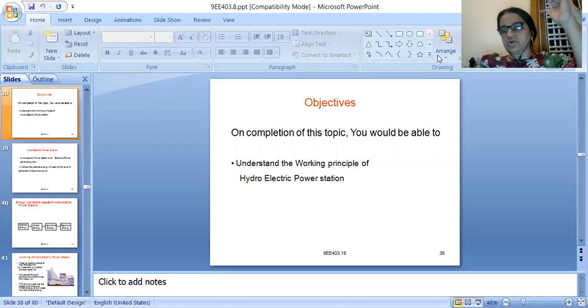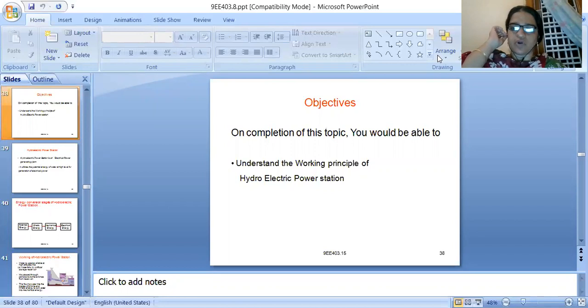You are trying to flow that water which is at a very high place, and that water will flow, and that kinetic energy of water will cause the rotation of the turbines, and the turbines rotate, and the output of the turbine will be given to the alternator, whereas your alternator converts mechanical energy to electrical energy.